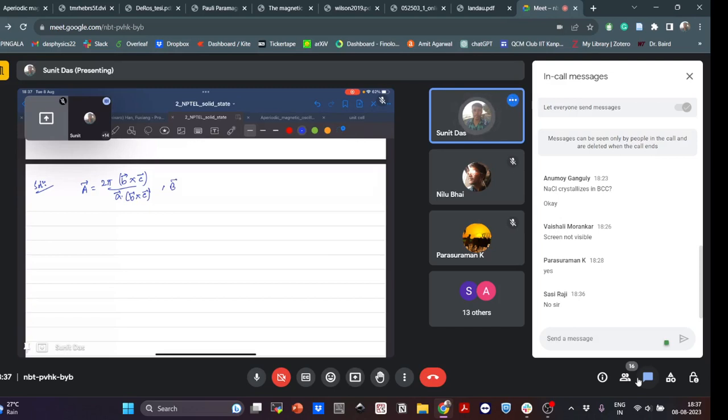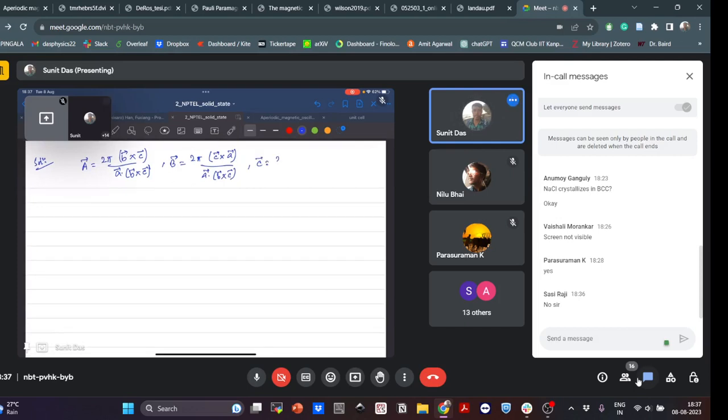Similarly, B will be C cross A by A dot B cross C, and C is similar. Okay. So let's find out A dot B cross C first.